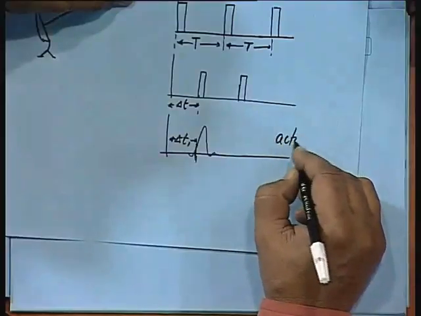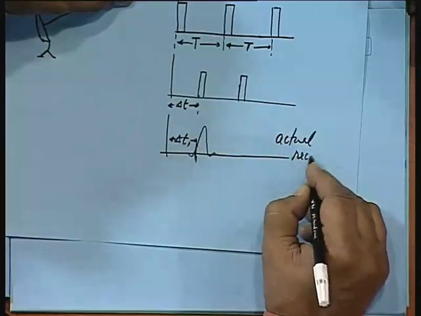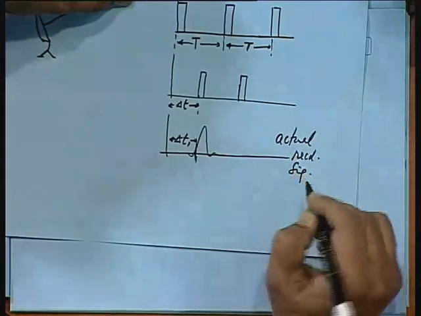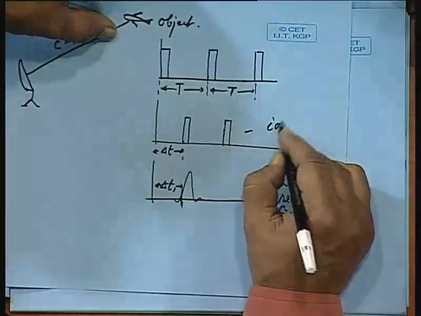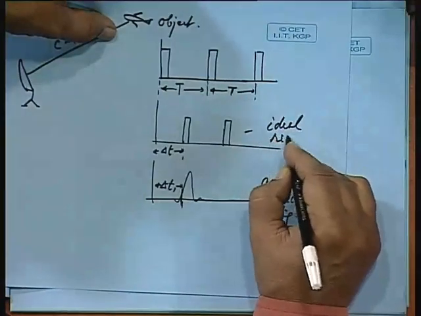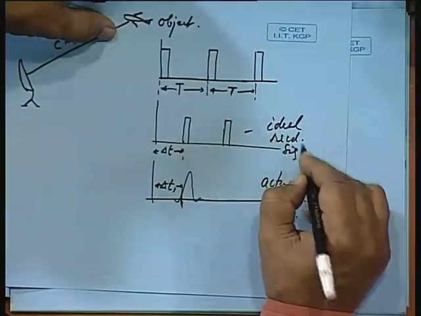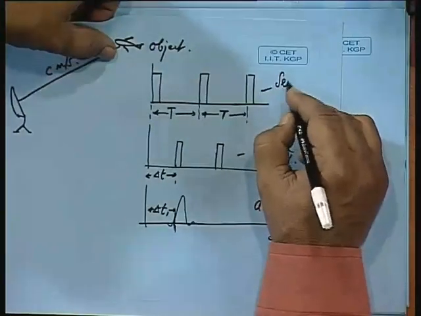It will be contaminated by noise and there is a filtering effect of the space. So, this is the actual received signal and this is the ideal received signal, this is the sending pulses.